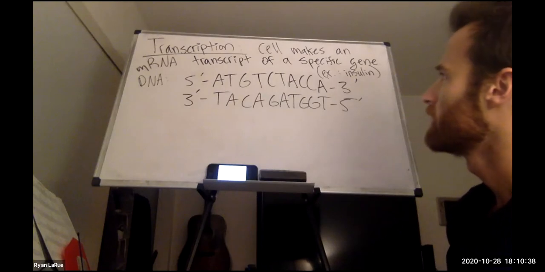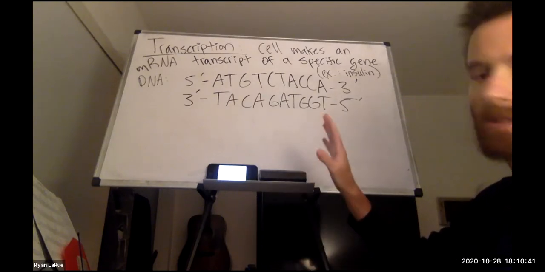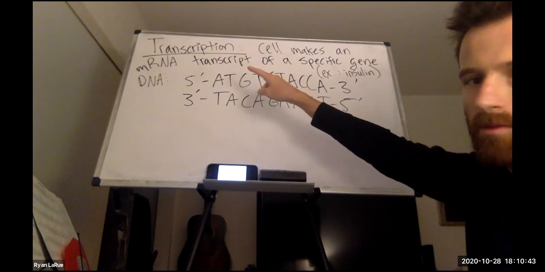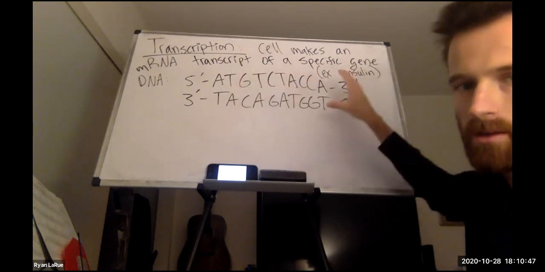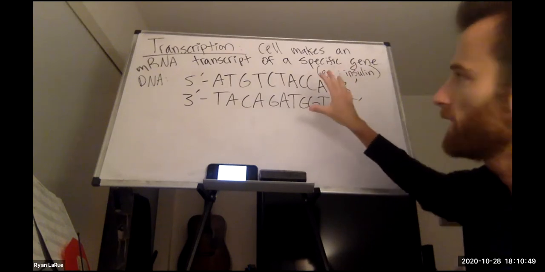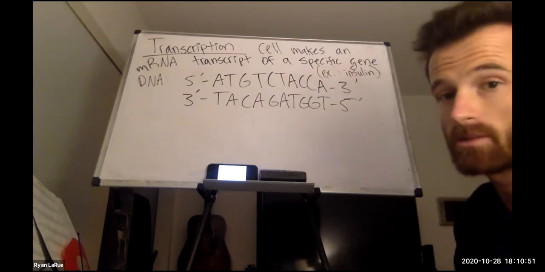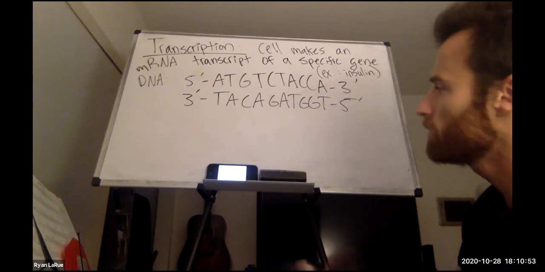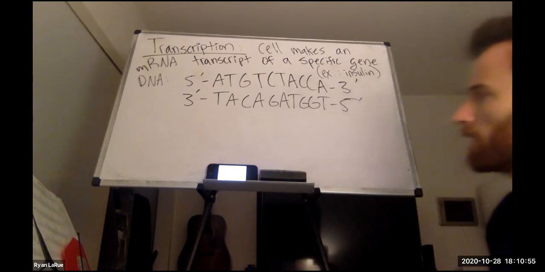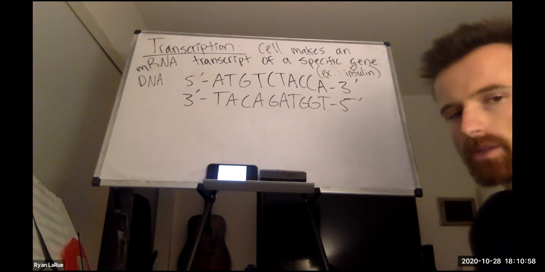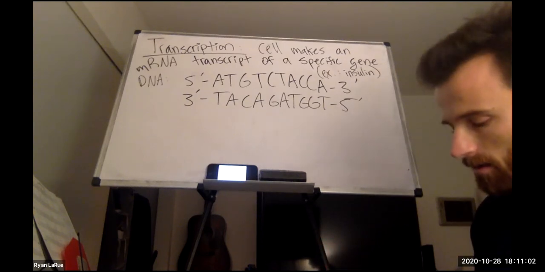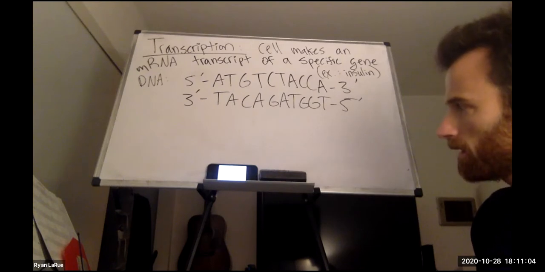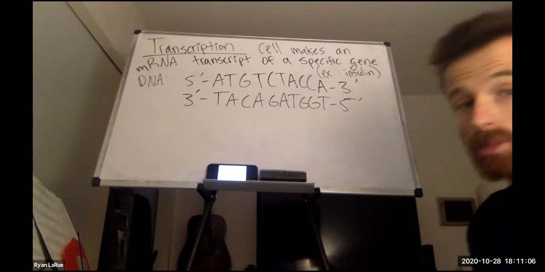I mentioned, as we talked about last time, there's a 5' end and a 3' end, the anti-parallel nature of DNA running in opposite directions. This is pretty important because of the enzymes in transcription, and also in DNA replication, these polymerase enzymes.